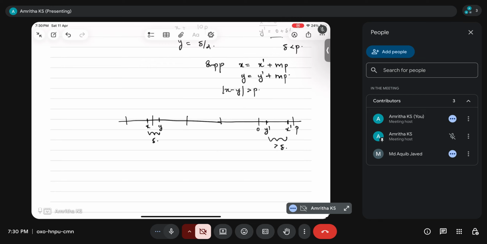But if I take 2p, here also it is uniformly continuous, then I can find my y dash here such that x dash minus y dash is less than delta. This I can avoid.